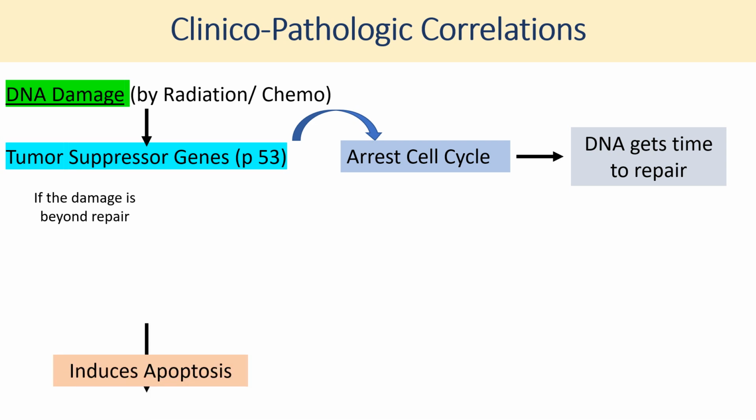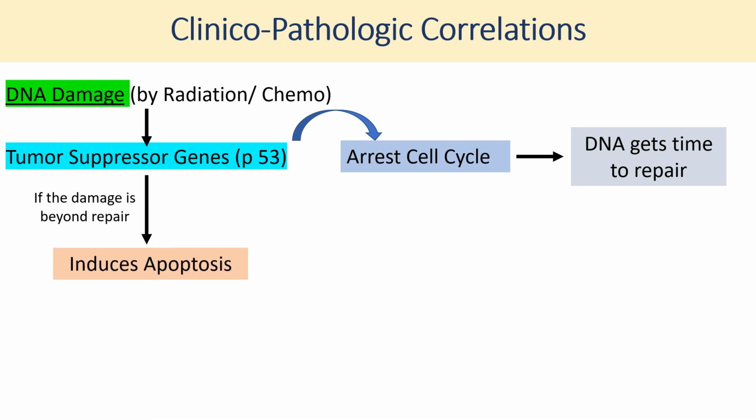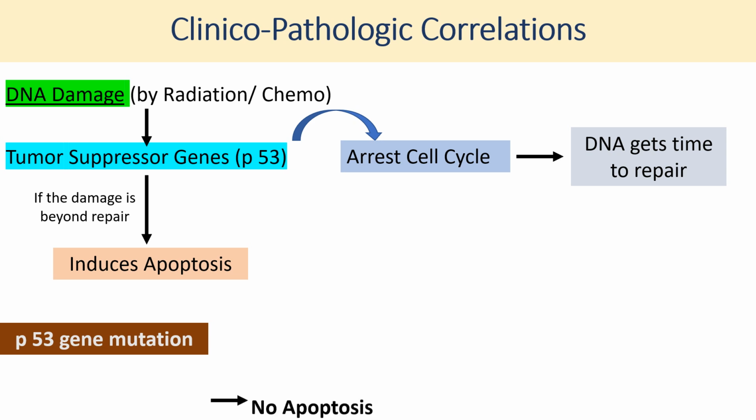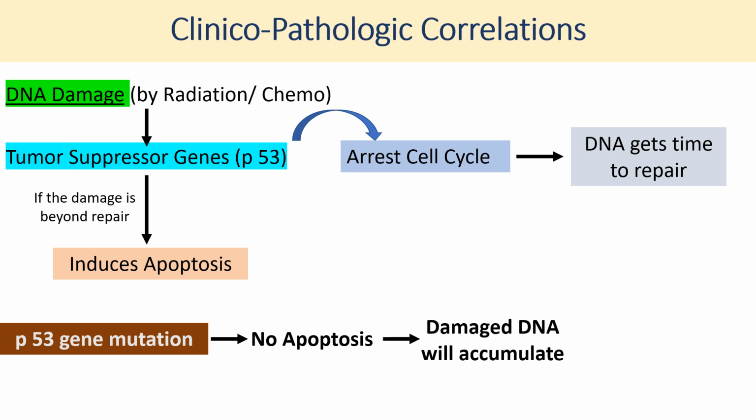This tumor suppressor gene will induce apoptosis. And supposedly, if this P53 gene is mutated, what happens then? There will be no apoptosis, and if there is no apoptosis, the damaged DNA will accumulate, and ultimately it may lead to neoplasia.